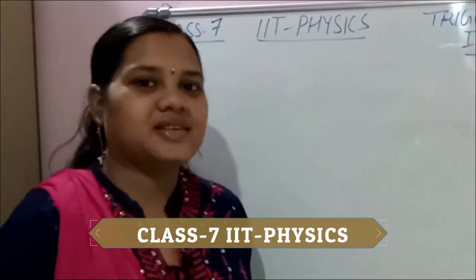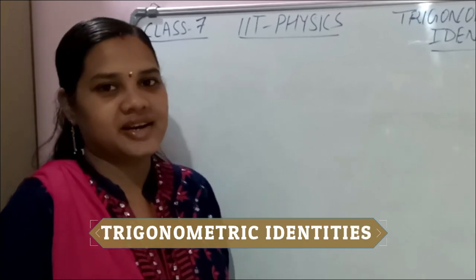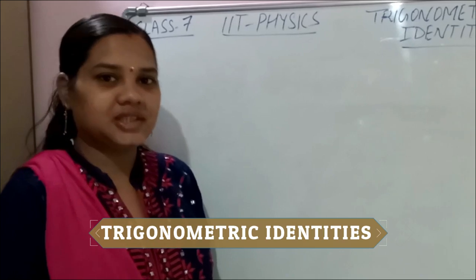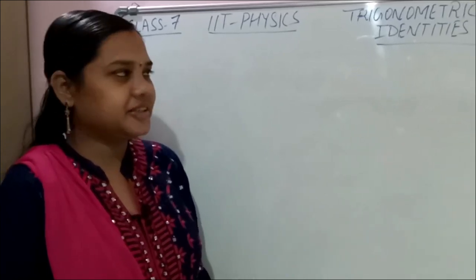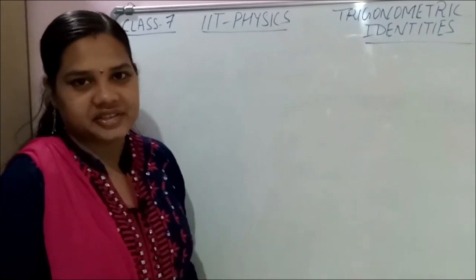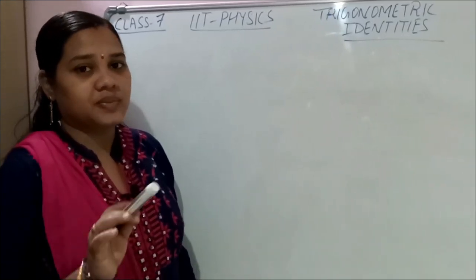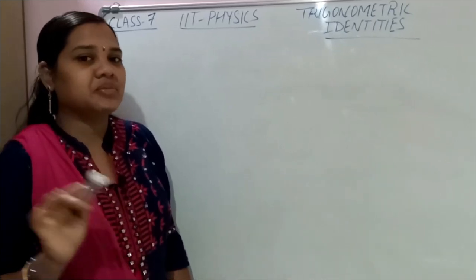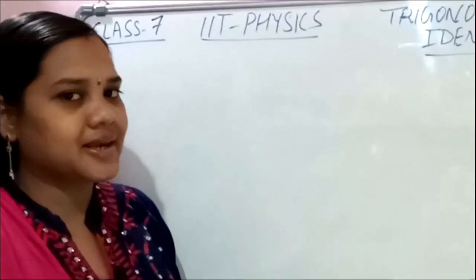What we discussed in last class? We discussed trigonometric identities. We started the last concept 3 from the chapter trigonometry. And what is concept 3? Trigonometric identities. In the last class we discussed some important trigonometric identities, and I gave you the trick also how to remember these trigonometric identities by use of magic hexagon.